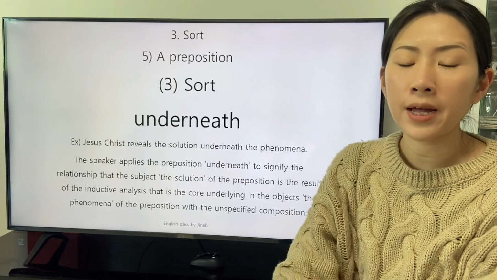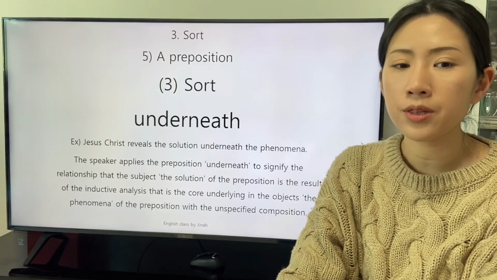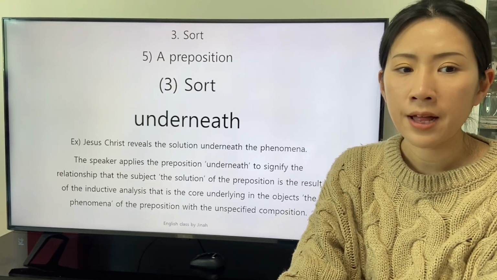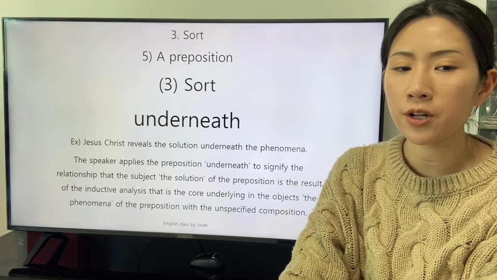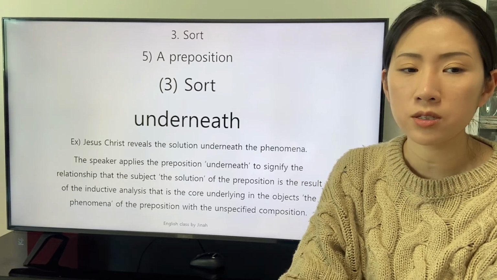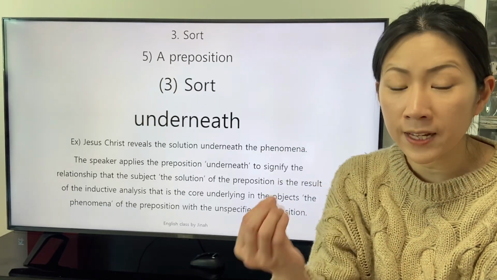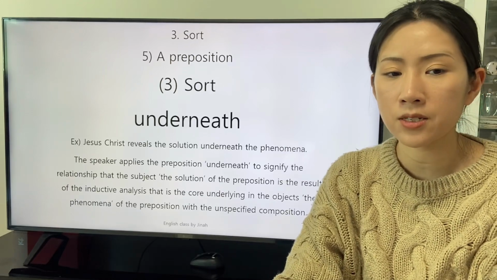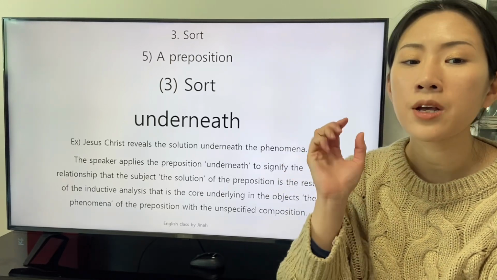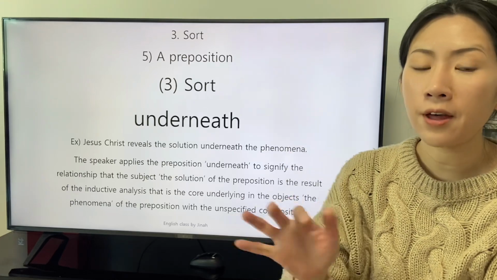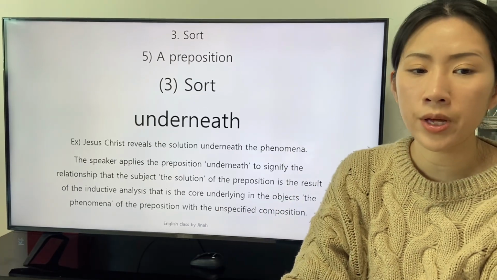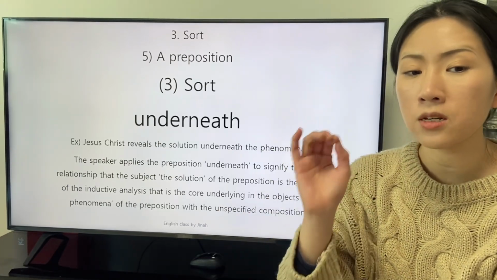The speaker applies the preposition underneath to signify the relationship that the subject, the solution, of the preposition is the result of the inductive analysis, that is the core and underlying, and the object, the phenomena, of the preposition has the unspecified composition.